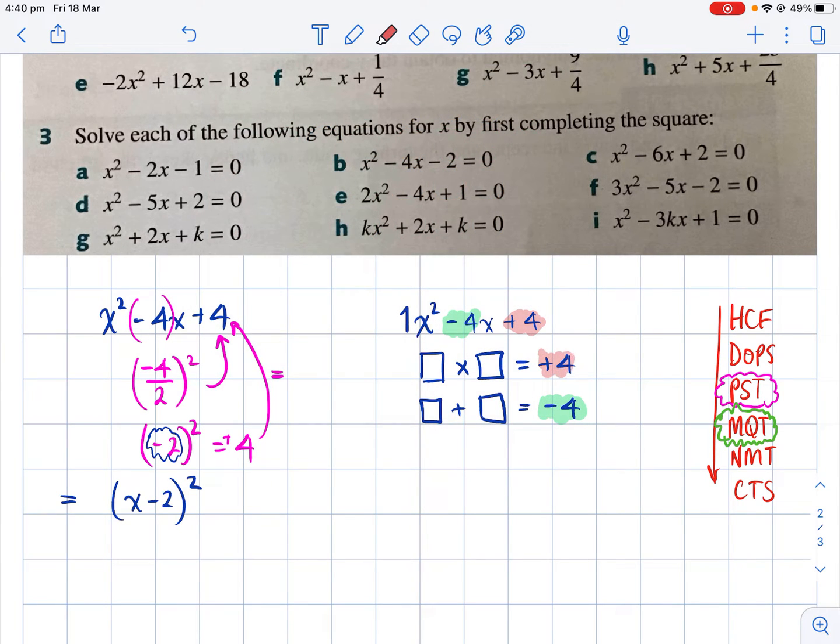Right, hopefully my colour coding is helping work out what's going on here. And I quickly work out if I have negative 2 times negative 2, that equals positive 4, and negative 2 plus negative 2 equals negative 4. So my 2 factors have to be x minus 2 and x minus 2, which really quickly becomes x minus 2 all squared.